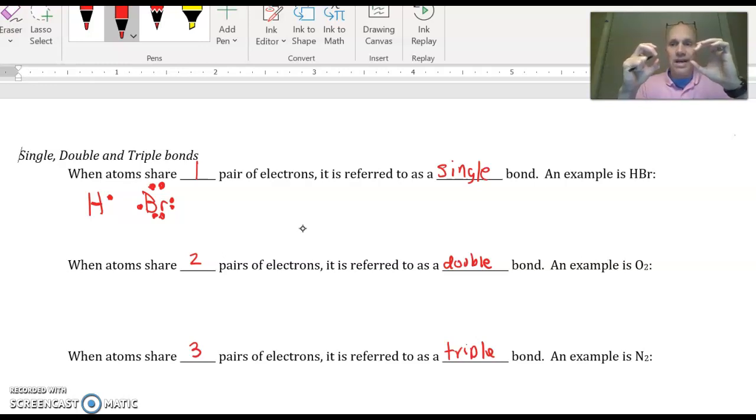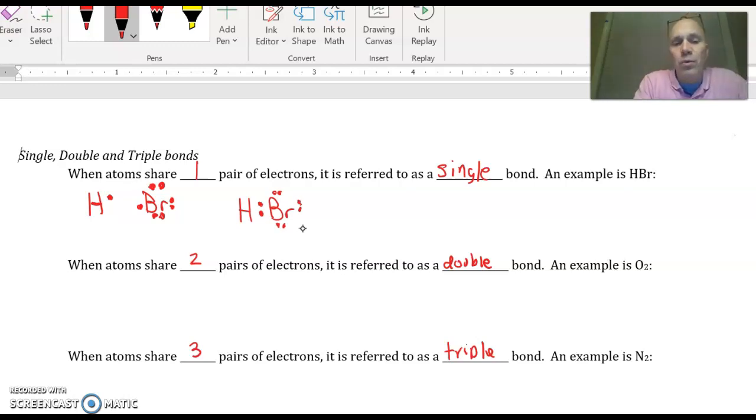Those are the sides that are going to allow you to pair up the electrons. So if we pair these guys up, we're going to end up having this right here.